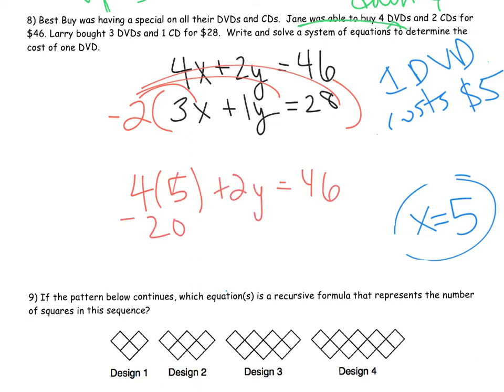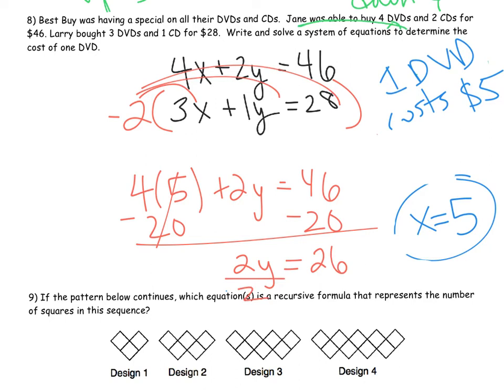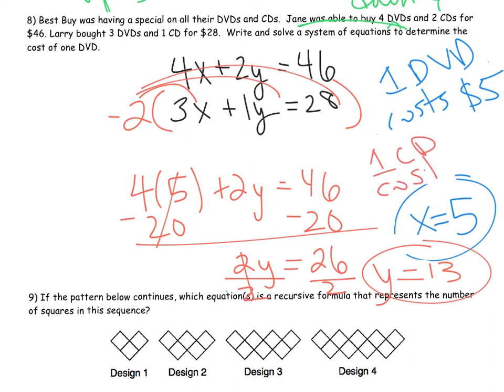And if I subtract 20 on both sides, because 4 times 5 is 20, I have 2y equals 26. When you divide both sides by 2, you'll get y equals 13. So now you know that the cost for one CD costs $13. Okay, so this is how you would solve a system algebraically by using elimination.